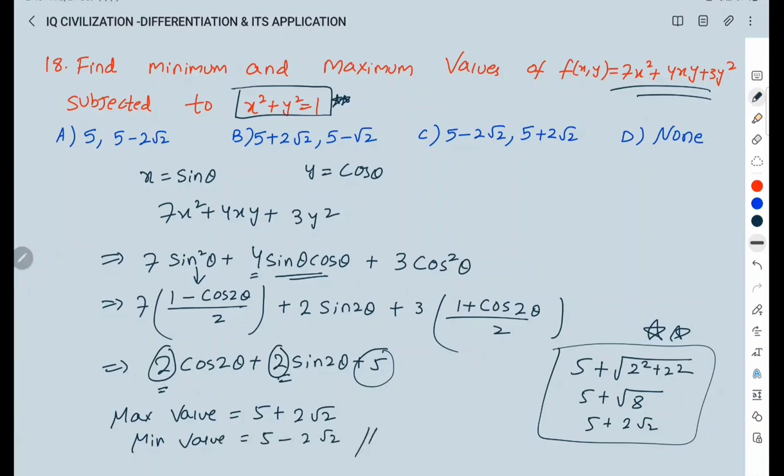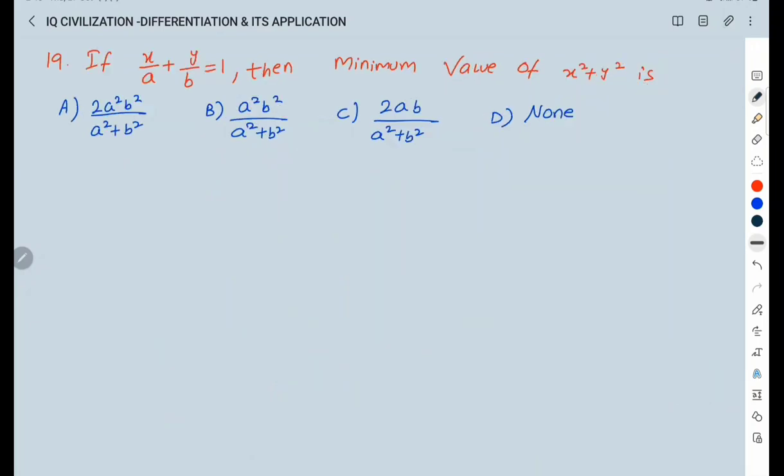Okay, next one. See, again we have to find the minimum value given x by a plus y by b equals 1. Whenever we see this x by a plus y by b equals 1, I can picturize it like this. This is the graph. This is the y-axis, this is the x-axis, and this point is some p, the xy point. This is the origin, and this is the distance a, this is the distance b.